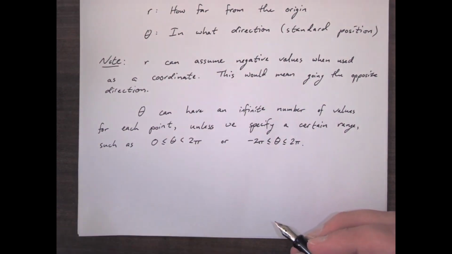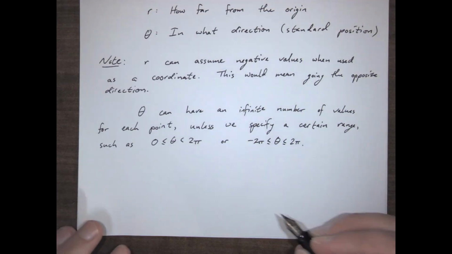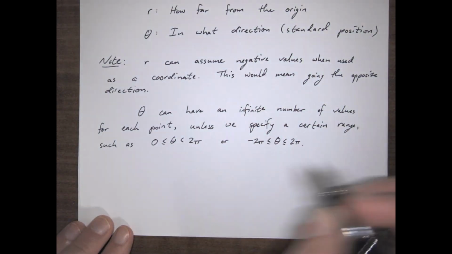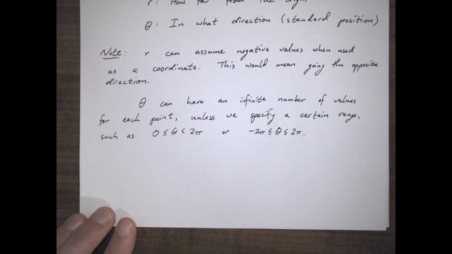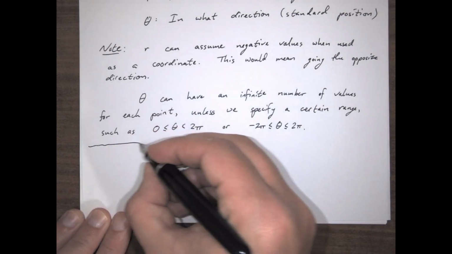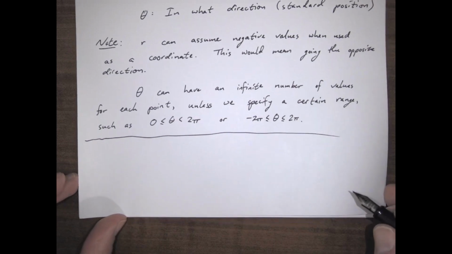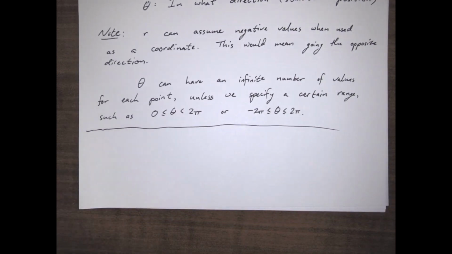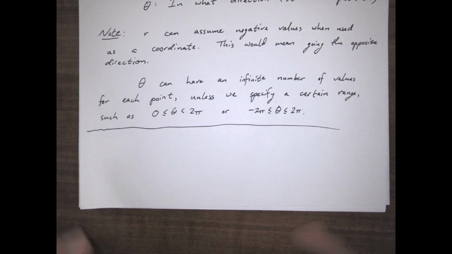And the reason for this is, as you know, you can go around and around and around the circle, and you can end up pointing the same direction an infinite number of times. So if we specify a certain range of values, then that will nail theta down. If we don't specify it, then theta could assume an infinite number of different values for the same spot on the coordinate plane. And that's just a fundamental fact about polar coordinates.